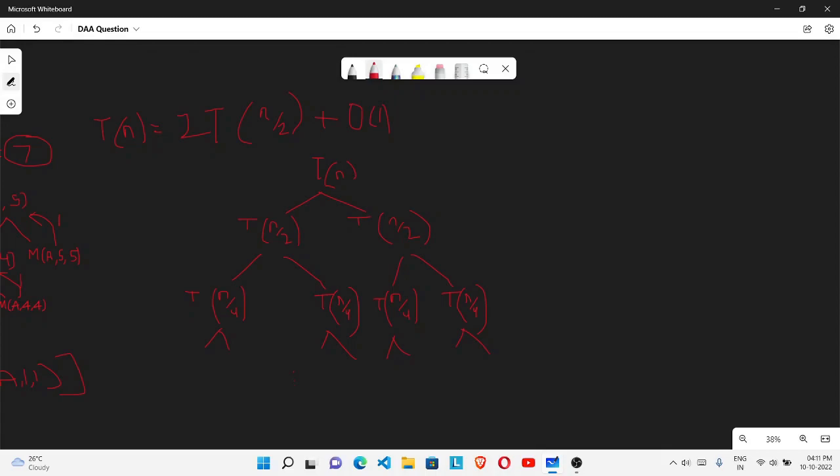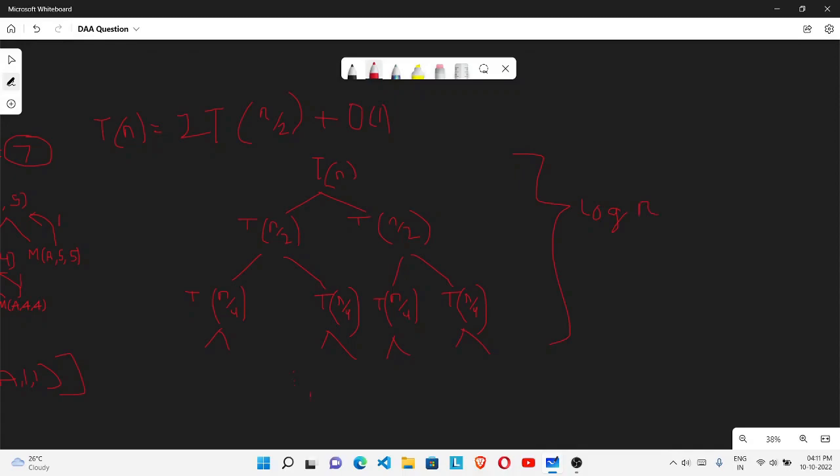So the height of the tree is logarithmic, log n height, because it's getting halved at every iteration.